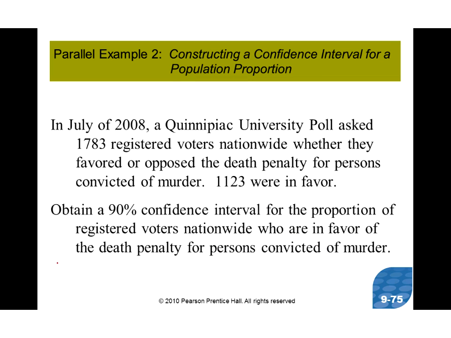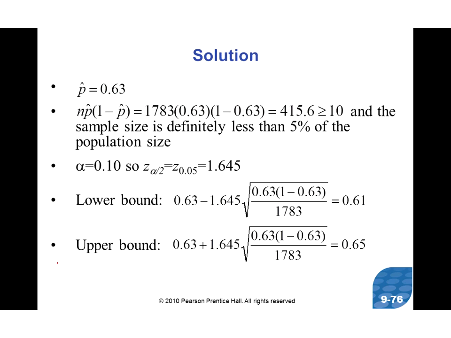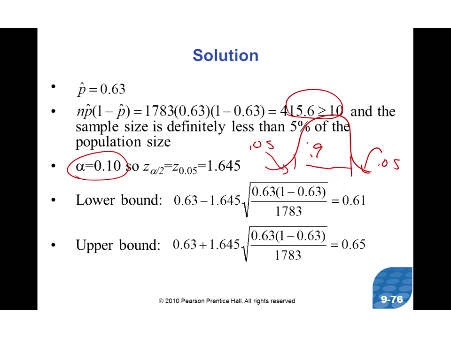So we want to obtain a 90% confidence interval for this particular problem. The sample size is definitely less than 5% of the population. Our level of confidence is 90%, which means our alpha equals 0.1, and our z of alpha over 2 is 1.645. As a review, the area in the tails is 0.05 each, and this area is 0.9.